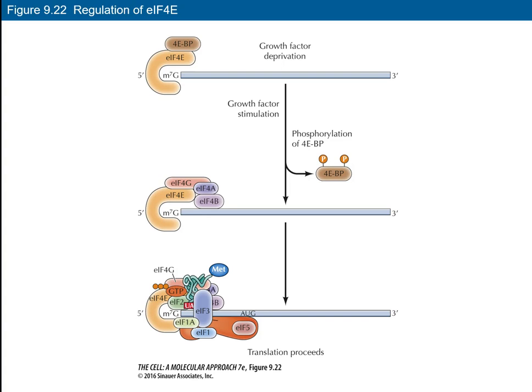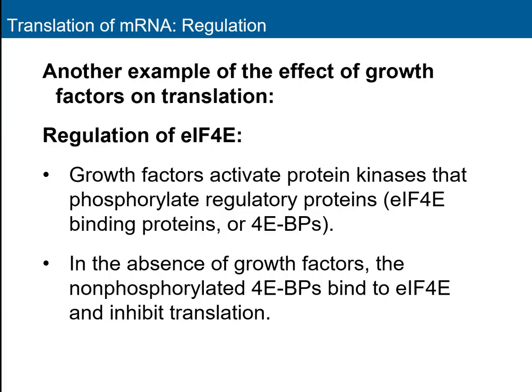And it's phosphorylation of essentially initiation factors or something that's going to interact with those initiation factors. The idea is that phosphorylation will be able to regulate the activity of a protein and therefore the activity of translation.